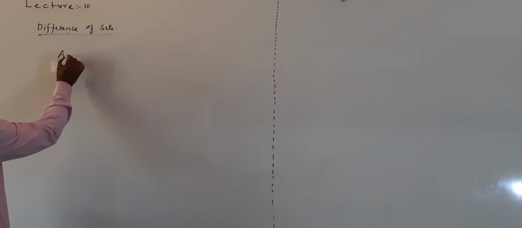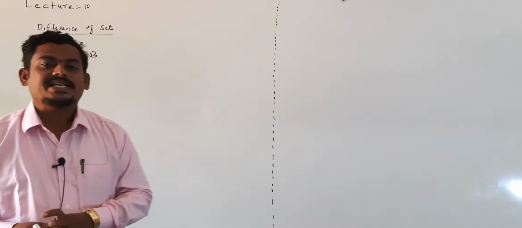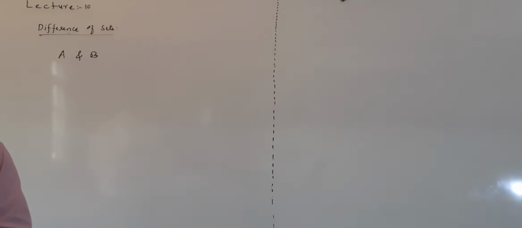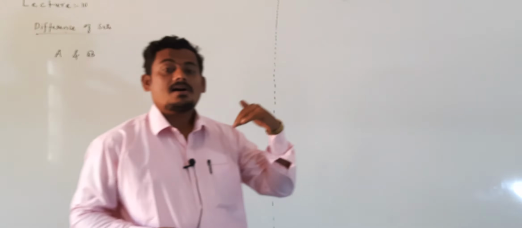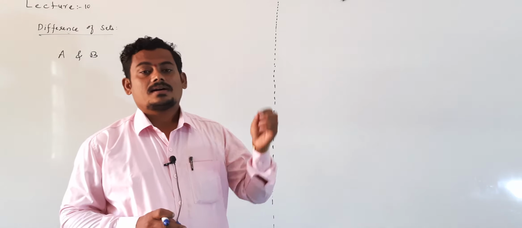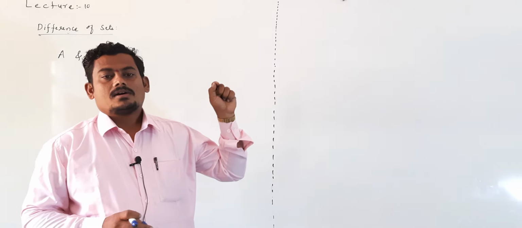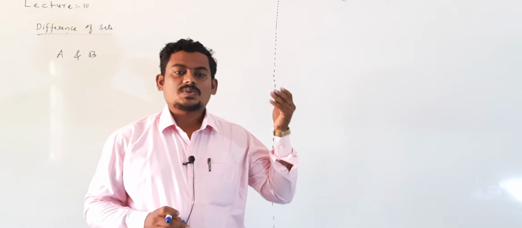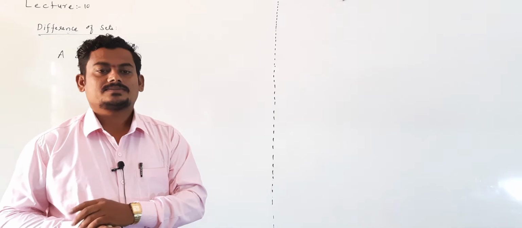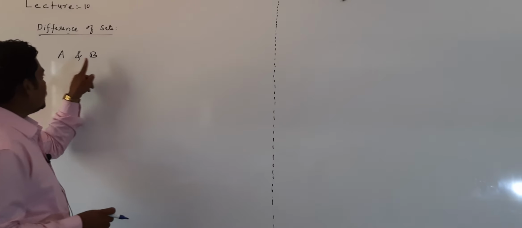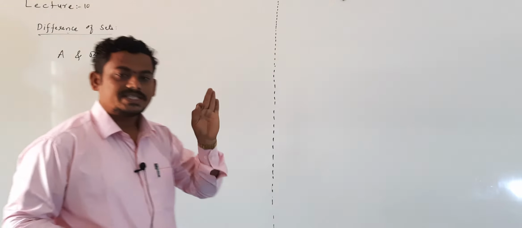Let A and B, let capital A and capital B be two sets. Then the set of elements belonging to A but not belonging to B is nothing but A minus B. Let A and B be two sets.